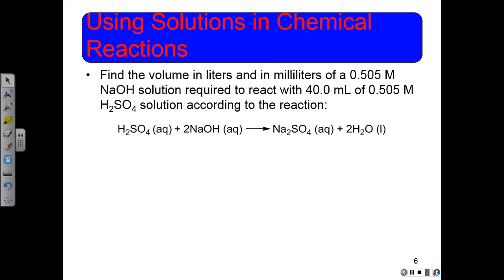So what's different about this one than the previous problem? What's the main difference?